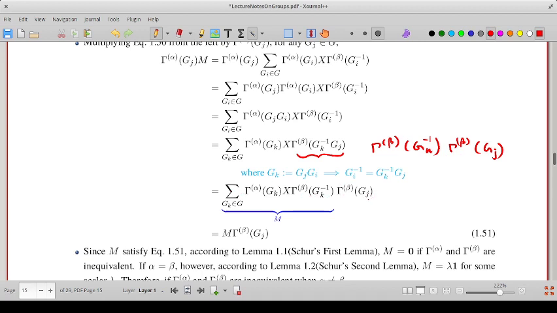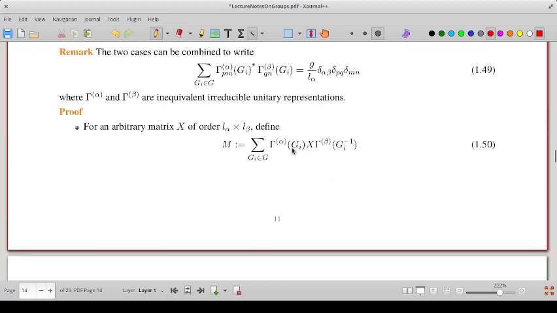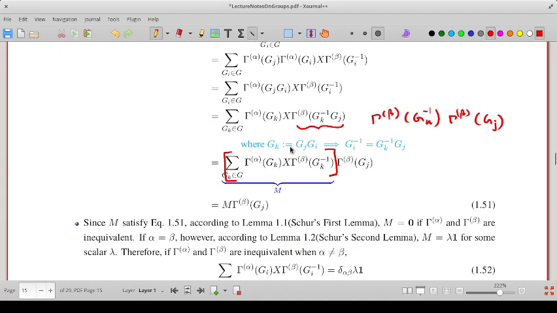But see, the summation is over Gk, and this quantity is independent of Gk, and we can also write this as this summation times gamma beta Gj. But this summation, if we look at the definition of the matrix M, is nothing but the matrix M, and therefore we have this equal to M times gamma beta Gj.